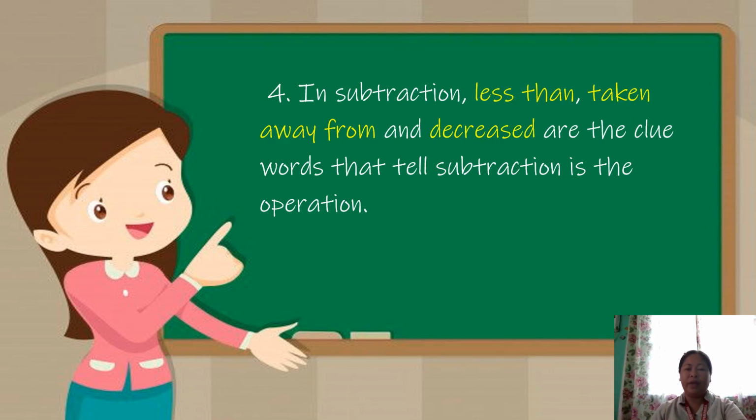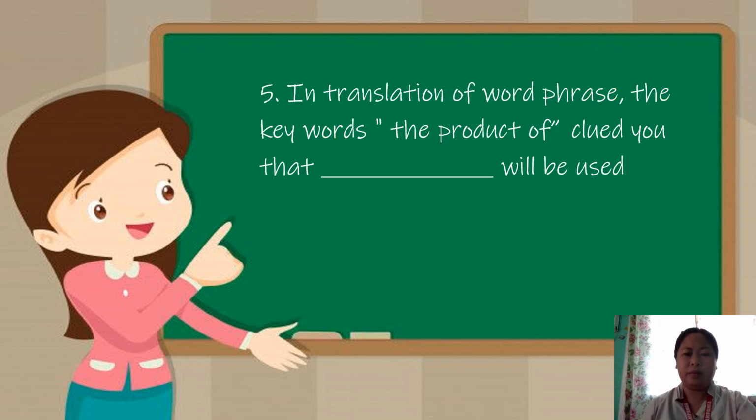The answers are less than, taken away from, and decreased. For number 5, in translation of word phrase, the keywords the product of clue you that blank will be used. And the answer is multiplication.